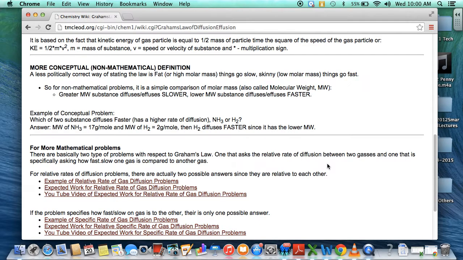However, if they ask you something about how many times faster or slower one gas is compared to another, then it does make a difference. And I'm not going to talk about it in this video, there'll be another YouTube video that actually talks about it. This section right here is talking about how it's a relative rate, so you could actually answer it in two different ways, as in two different perspectives.